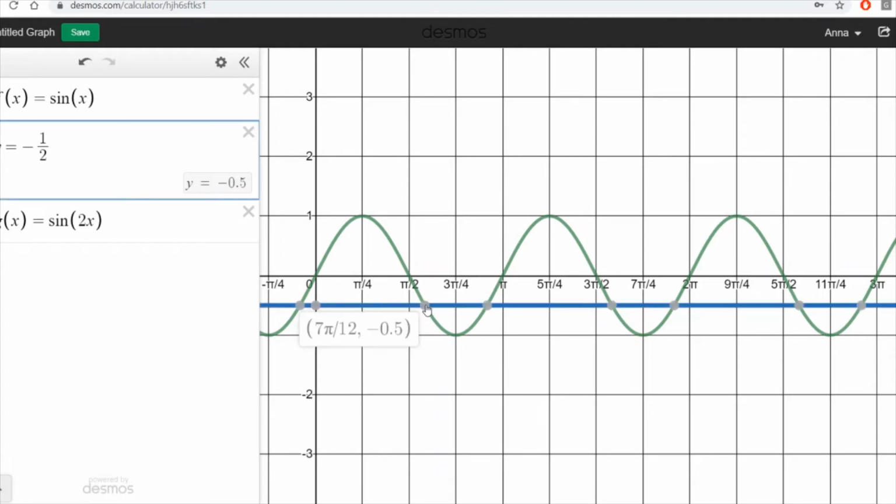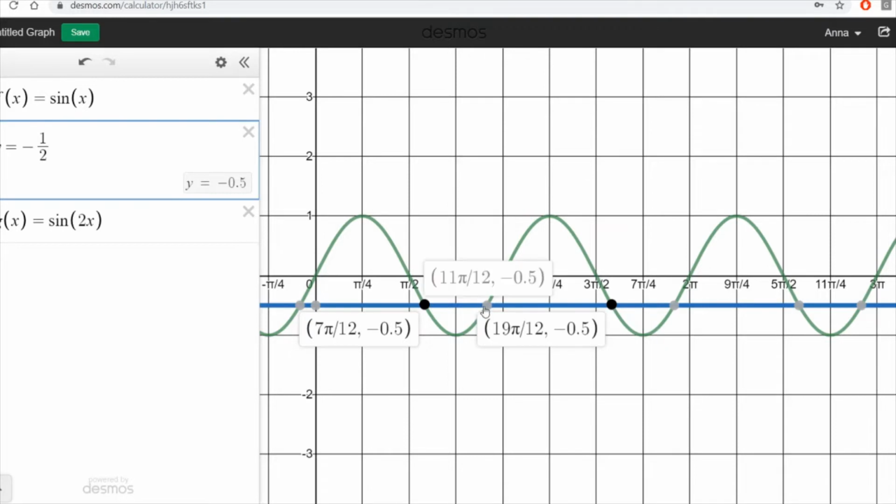And so what that tells us is, here's our first solution, 7 pi over 12. That's one of the solutions that we did in fact find when we were solving sine of 2x is equal to negative 1/2. So how would we get another solution? Well, if we wanted to go through a full period, it's not going to be 2 pi, it's going to be pi.